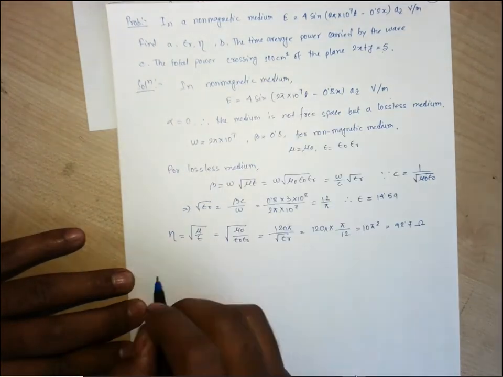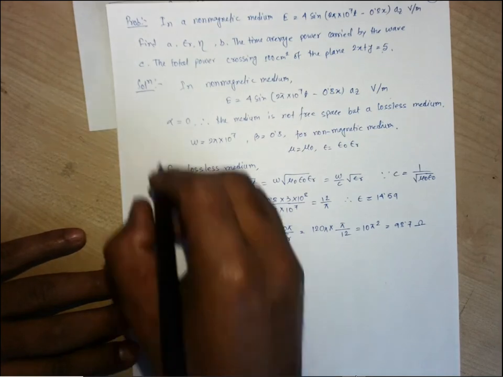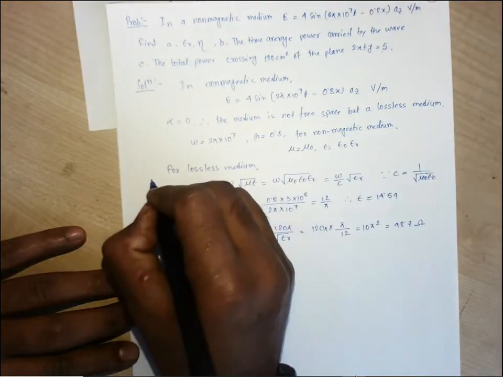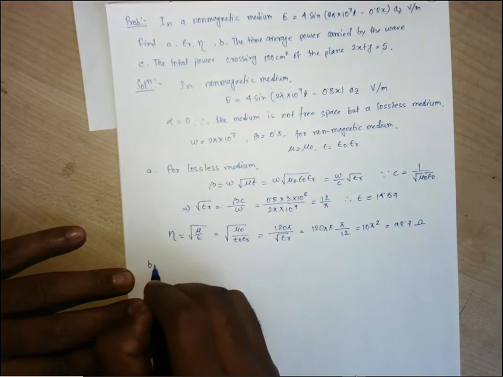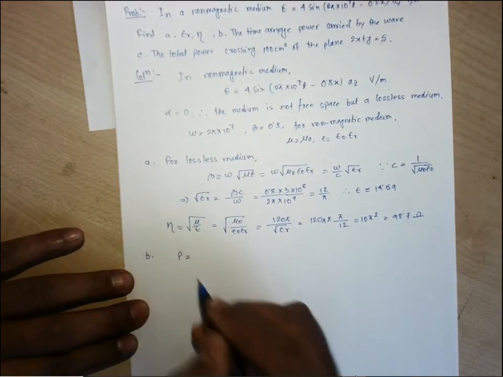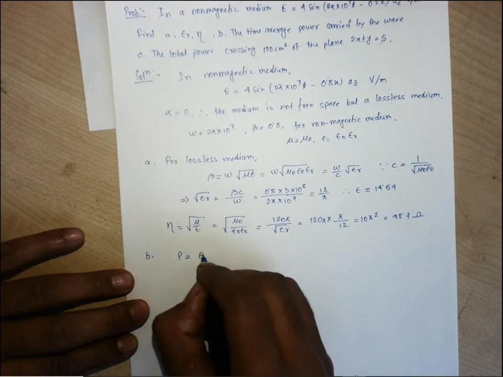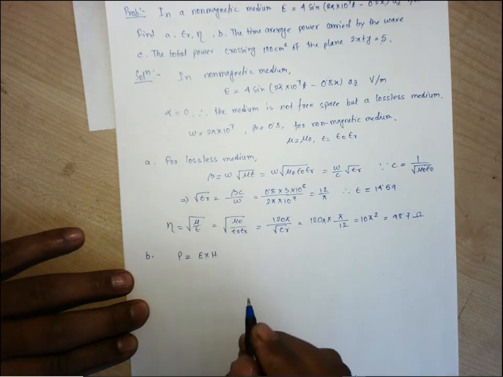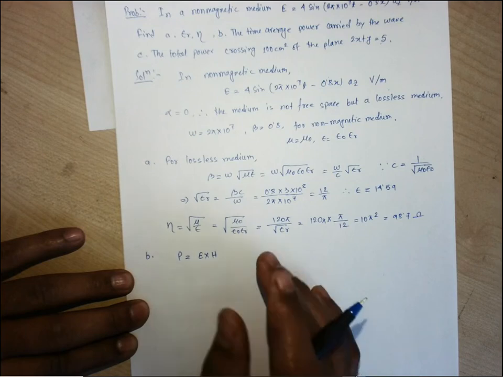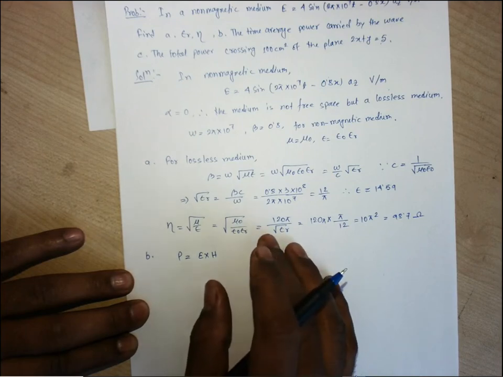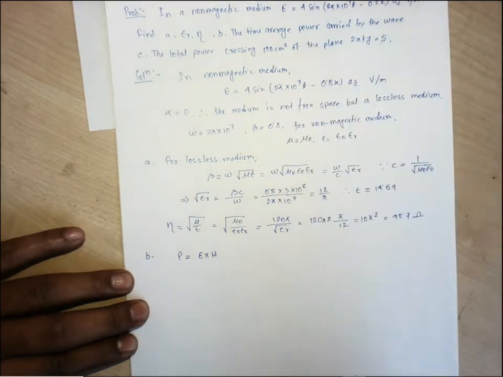Next, time average power. It is the first point. Time average power, that is P. First of all, we need to find out this Poynting vector. P is E cross H. So E is given.